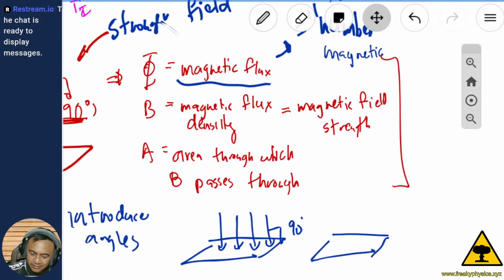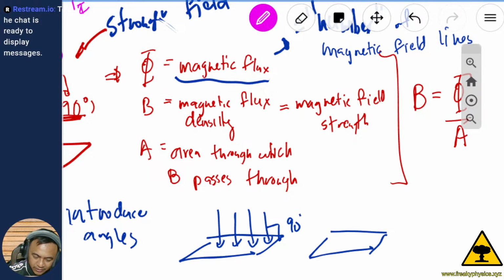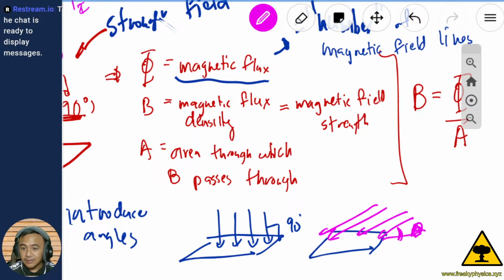And then there's a second one here wherein it's coming at some angle, let's just say theta, like this, and let's keep it consistent with 4 field lines passing through like that. The angle between the area and the magnetic field is theta. Now, if you think about this, because of that angle, let's consider just one.